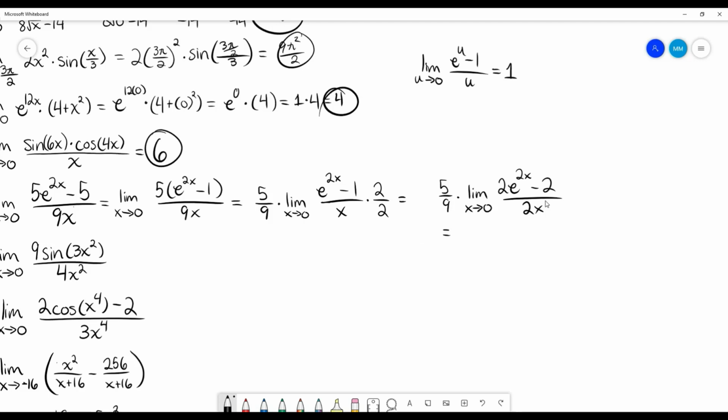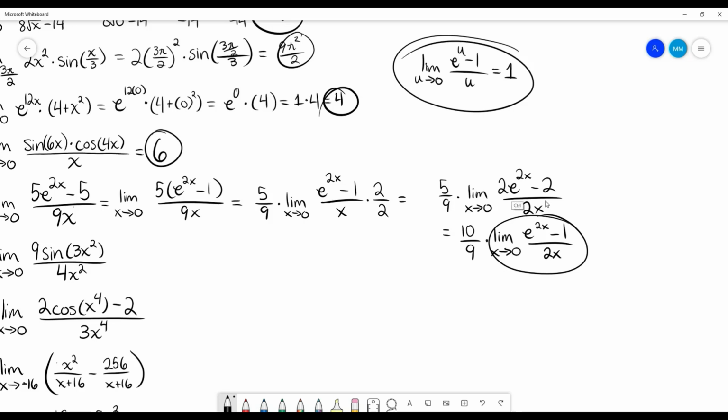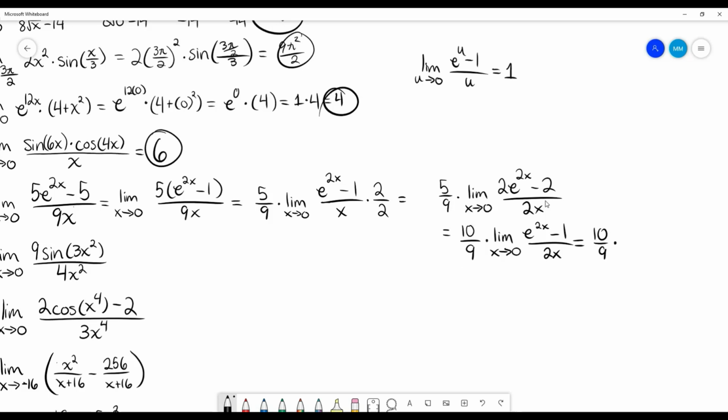So I'm factoring out this 2 and then putting it in front. So it's going to turn into 10/9 times the limit as x approaches 0 of e to the 2x minus 1 over 2x. We see now that this is very much in that same form, which means that this limit equals our coefficient times 1, or just 10/9.